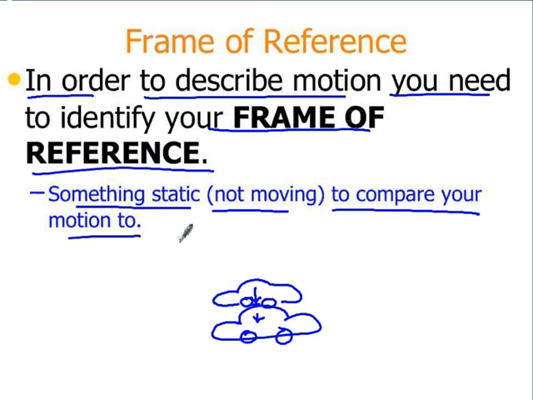But on the side of the road is this lovely tree, and you look at the tree instead. The tree is static or not moving compared to you. So you're going to be able to tell how fast you're going. So in order for you to know that motion is occurring, you're going to have a frame of reference, or something static to compare your motion to. Otherwise, you're not going to know.